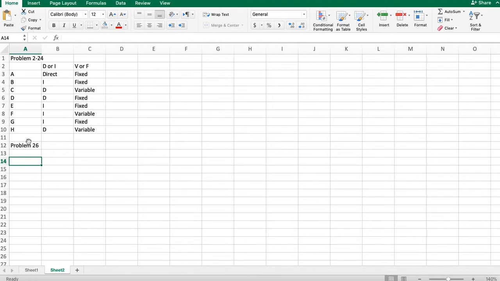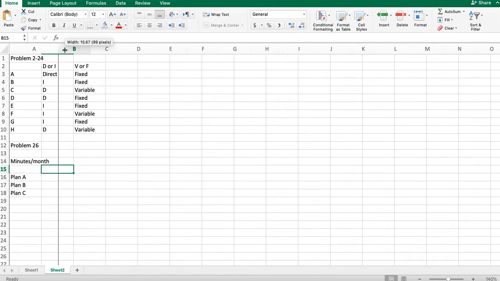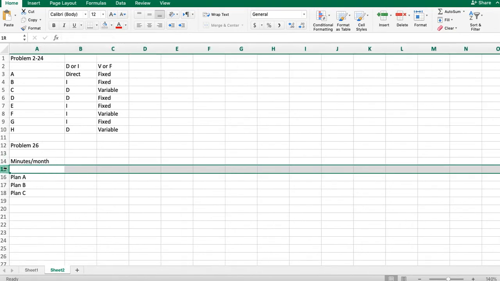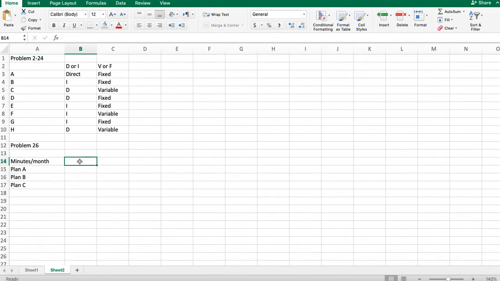You can set it up lots of different ways. If you want to use Excel to draw your graph, you can set it up this way: minutes per month, plan A, plan B, and plan C. And then if we, let's do this actually. Okay, and we're going to go in increments of 50.